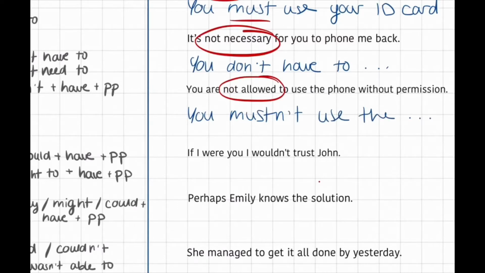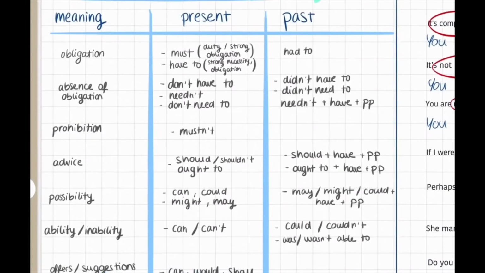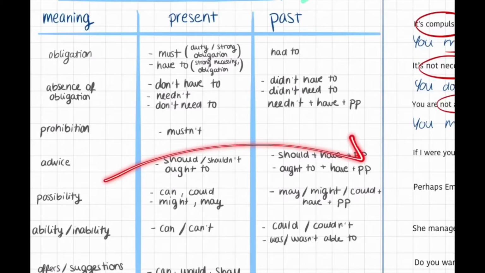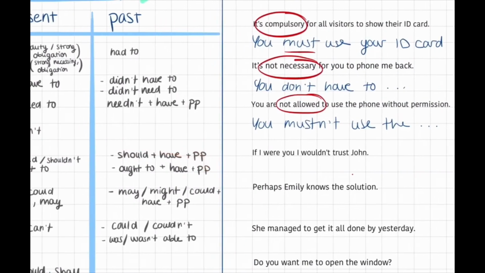Okay? The next one would be advice. So we use should or shouldn't or ought to. And in the past, you use have and the past participle. So how do we apply this to a sentence?